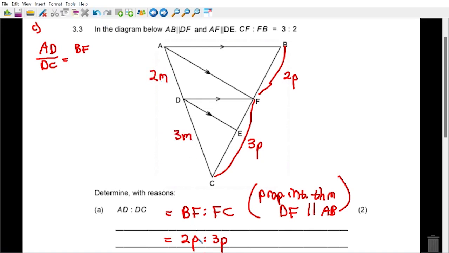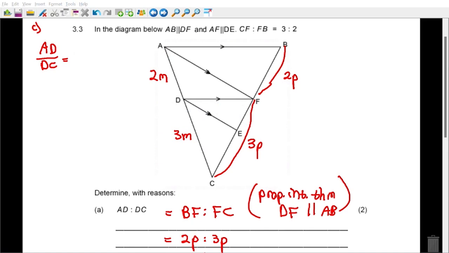All right, that's coming from part A. Now I know that AD to DC is actually also the same as FE, so I'm using these parallel lines.